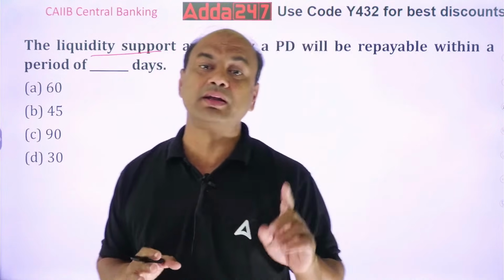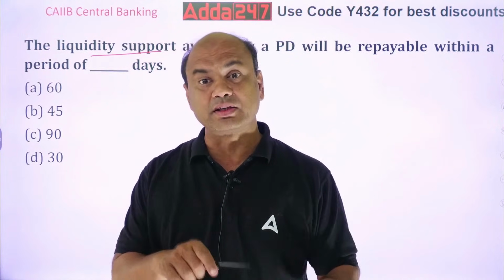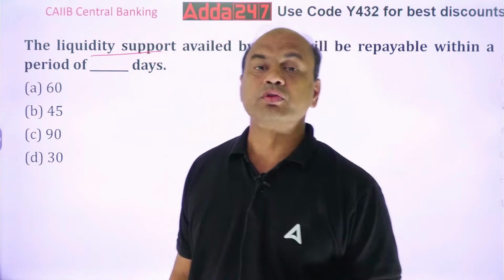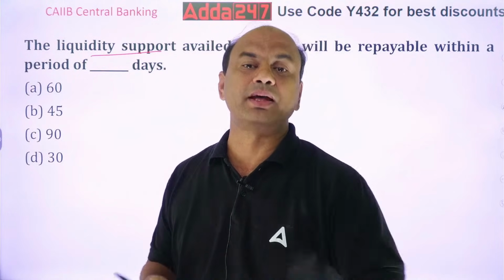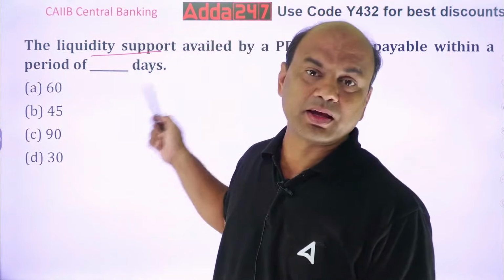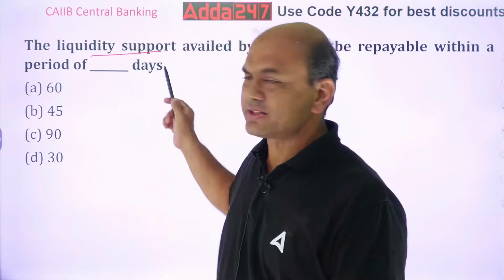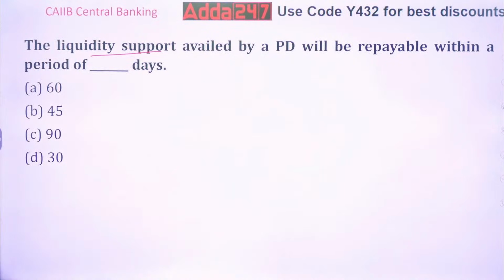Primary dealer doesn't only deal in T-bills and CMBs, he deals in dated, long-term securities also. It's a sort of finance, like we finance the customer. This finance will be given by RBI to the primary dealer, but he has to repay it. After all, it's a loan. In how many days will he repay?